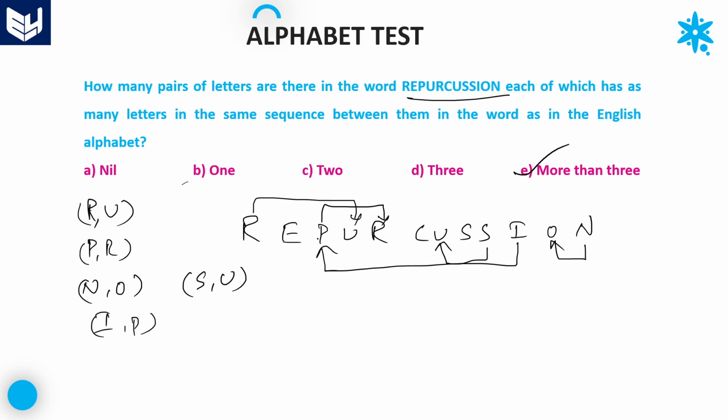R, S, T, U. No. U, no. P, Q and R. Here also one pair is formed. PR, in reverse order, is also one pair. So total 6 pairs are formed. So the answer is more than 3. More than 3 is the right answer.